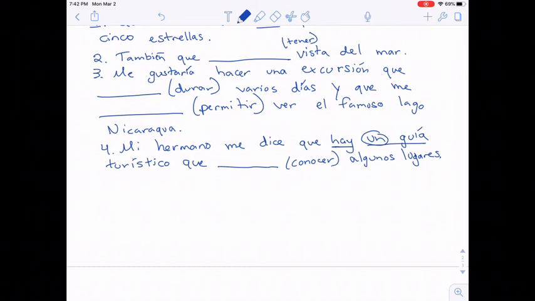I'm going to keep that in there so you can laugh at that a little bit. So if there are, there is someone, that means that it exists. That means that they're there. So for sure it's going to be the indicative here. Okay? All right, and then 5, we'll do one more.